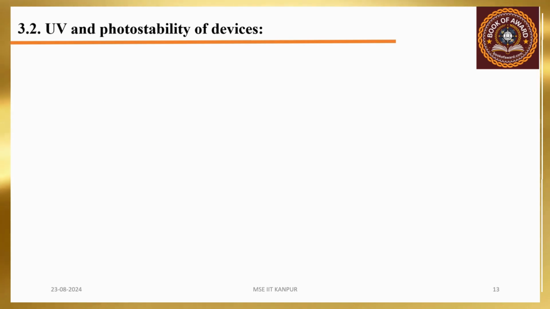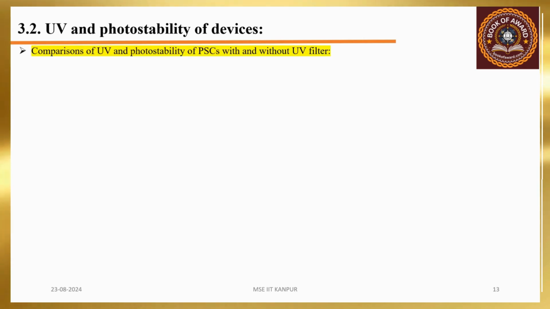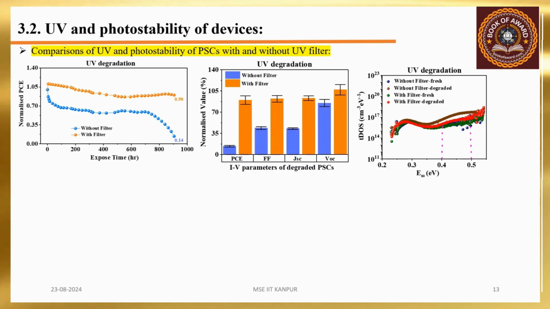To study the UV and photostability of triple cation perovskite solar cells with NIP configuration, two fresh triple cation perovskite solar cells fabricated at similar conditions are taken, one with UV filter and one without UV filter, and exposed to UV light of 365 nanometer wavelength inside a glove box of nitrogen environment.